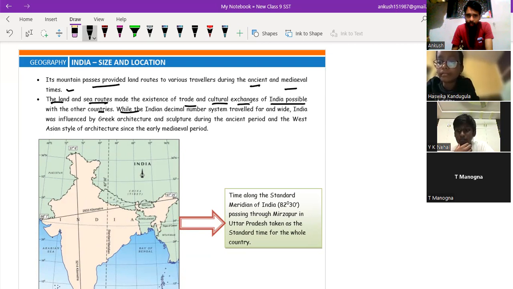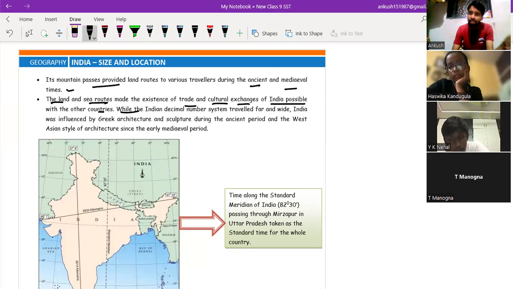Then India was influenced by Greek architecture and sculpture during the ancient period, and by the West Asian style of architecture since the early medieval period. Understood? Likewise, India influenced other countries, so the culture and tradition of India also traveled across.